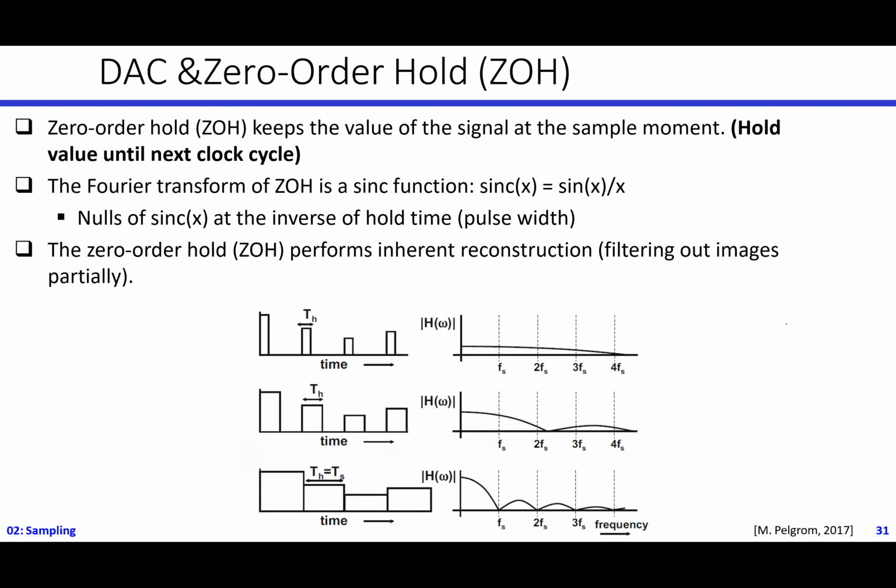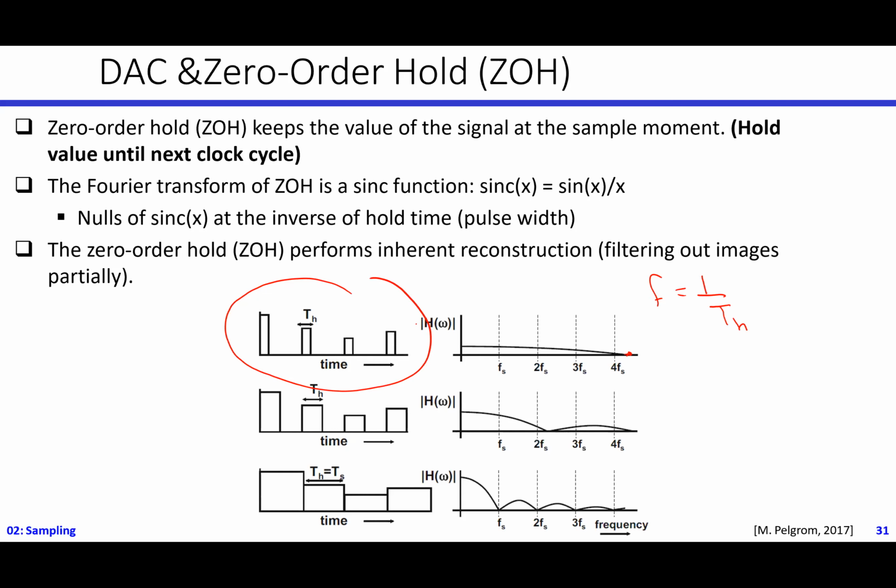So what is the frequency domain representation of the train of pulses? Anybody remember? Yes, it's a sinc function, and this sinc function will have nulls at frequencies of 1 over TH.